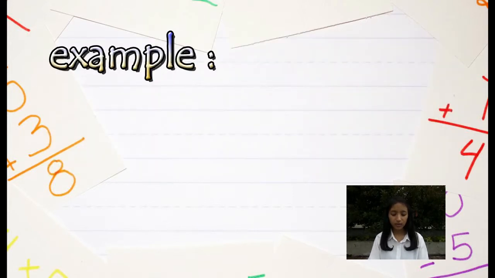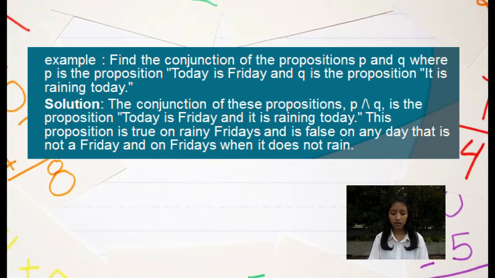Example: find the conjunction of the propositions P and Q, where P is the proposition today is Friday, and Q is the proposition it is raining today.